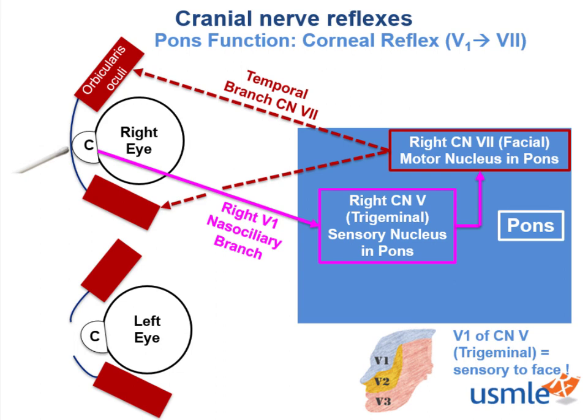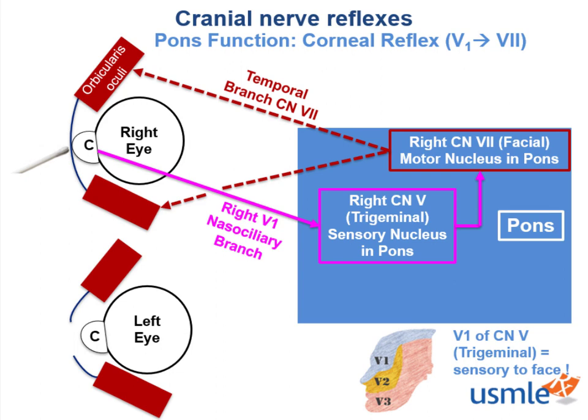Just like the pupillary light reflex, we have a direct response to the stimulus from the stimulated eye, the right eye here, and an indirect response that mirrors that eye. Here, the indirect response will be the left eyelid closing in conjunction with the right eyelid closing. Let me show you.